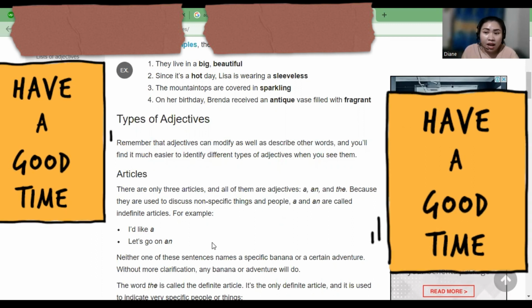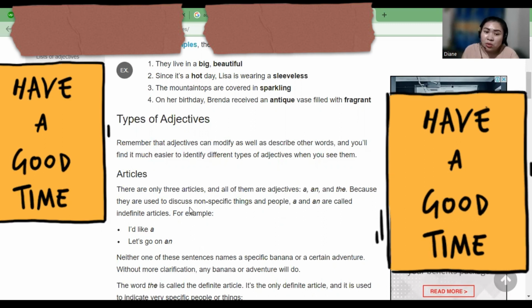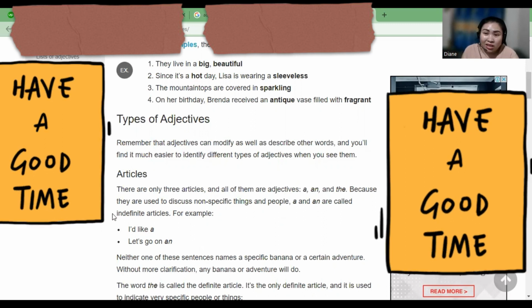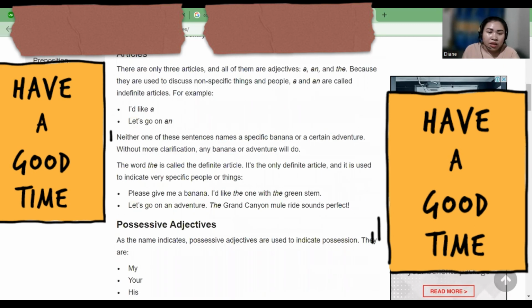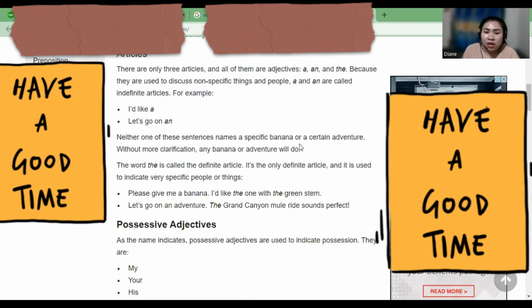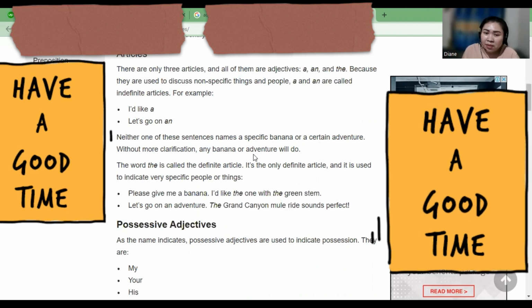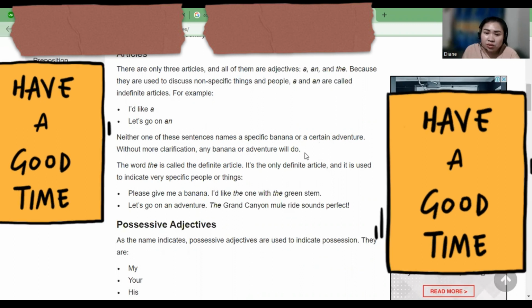Let's go on, an... an what? It's not specific. So it is an example of an indefinite article, a and an. Neither one of these sentences names a specific banana or a certain adventure. Without more clarification, any banana or adventure will do.